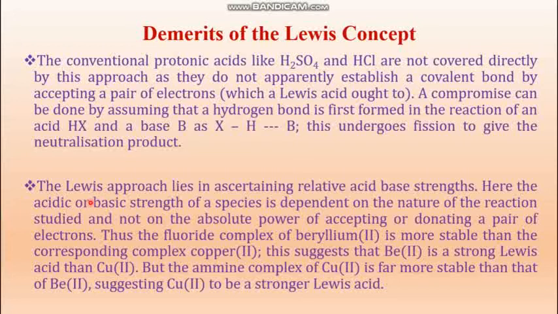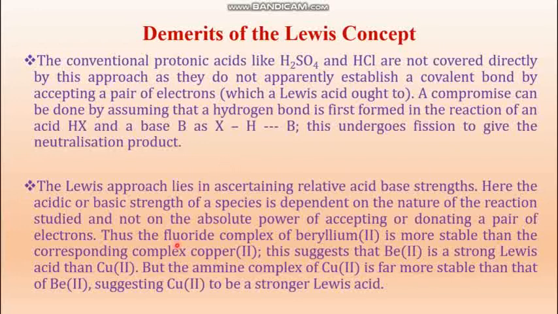Now the next one is that the Lewis approach lies in ascertaining relative acid-base strengths. In relative acidity and basicity, sometimes some anomalous things develop. Here the acidic or basic strength of a species depends on the nature of the reaction studied and not on the absolute power of accepting or donating a pair of electrons. So there is some ambiguity.